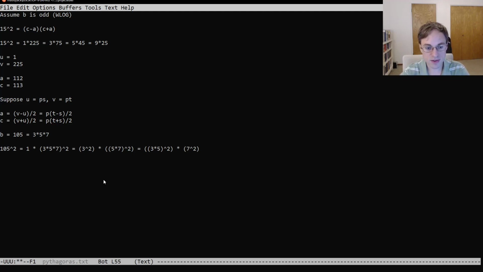So let's suppose u equals n squared and v equals m squared, with GCD of n and m equal to 1. And you'll notice that if n and m have no common divisor, it's also the case that u and v have no common divisors.